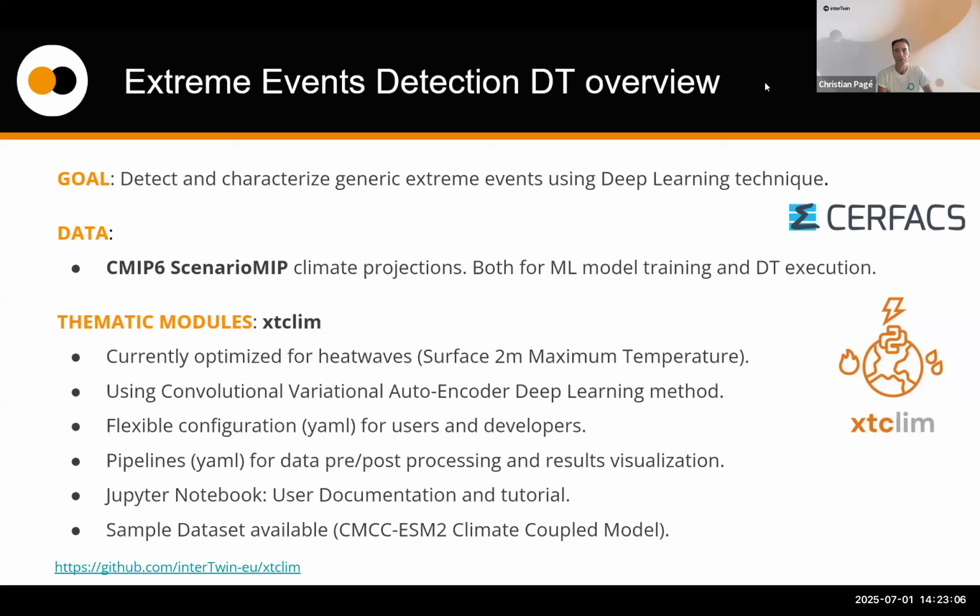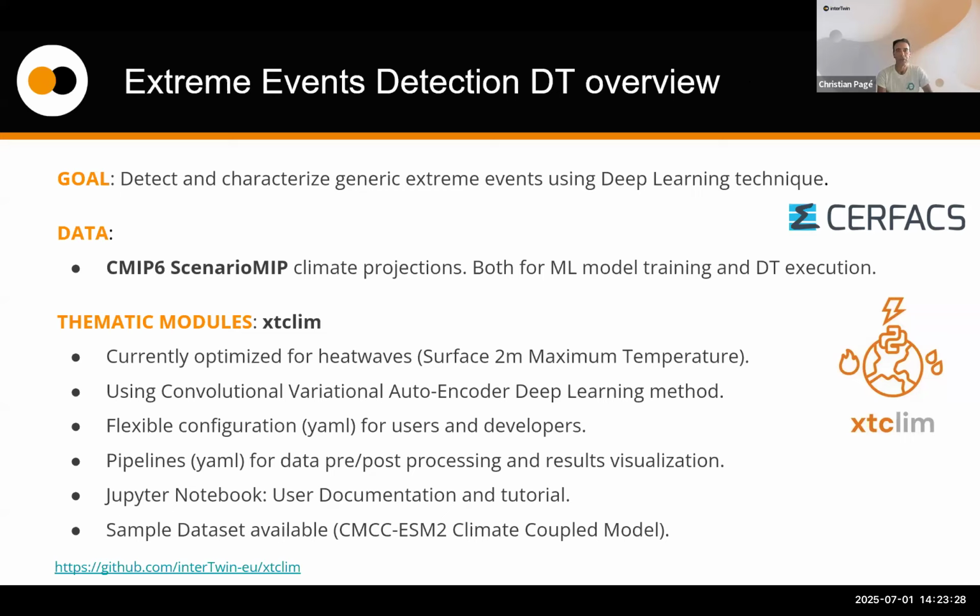And this is used both for the ML model training and digital twin execution. There's one thematic module that has been developed to support this application. It's called XTClim. Currently, this thematic module is optimized for heat waves, so it uses the surface 2 meter maximum temperature.